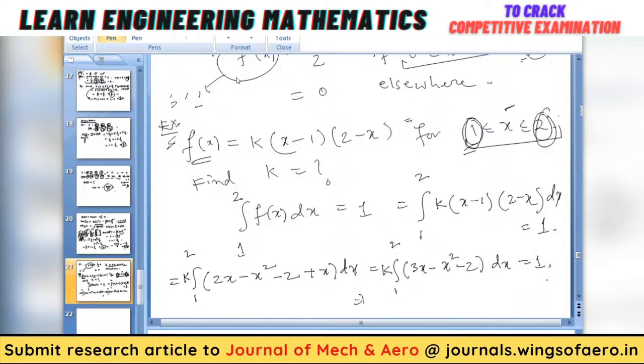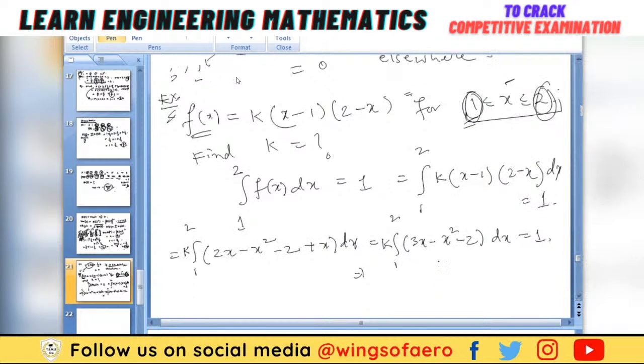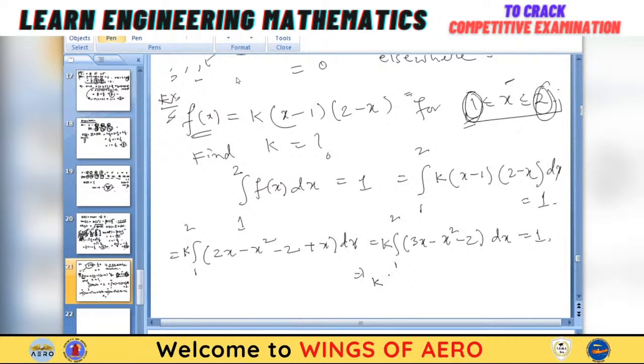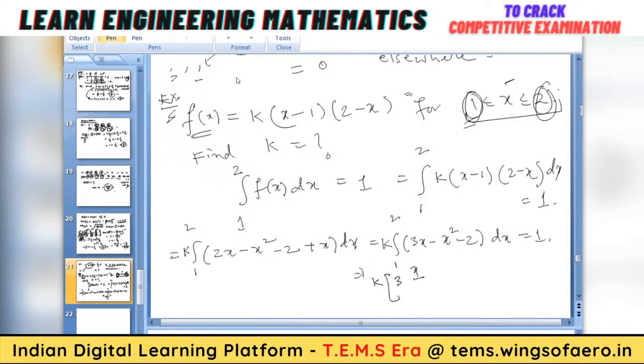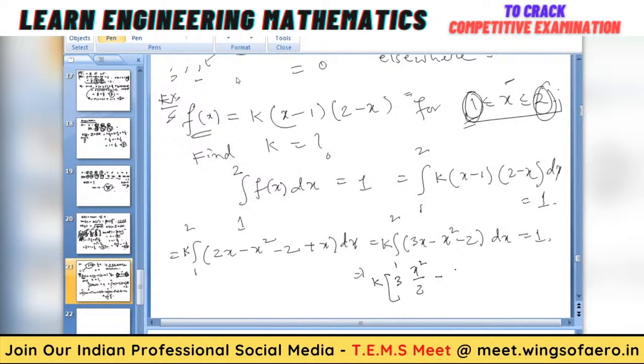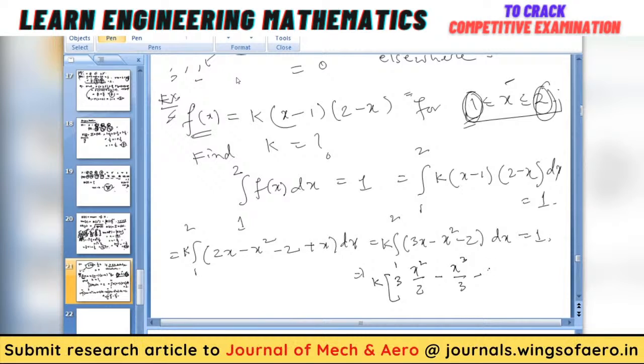Just simply solve this integration and equal to 1. If I solve this integration, it becomes k into 3x square by 2 minus x to the power 3 by 3 minus 2x, from 1 to 2, is equal to 1.